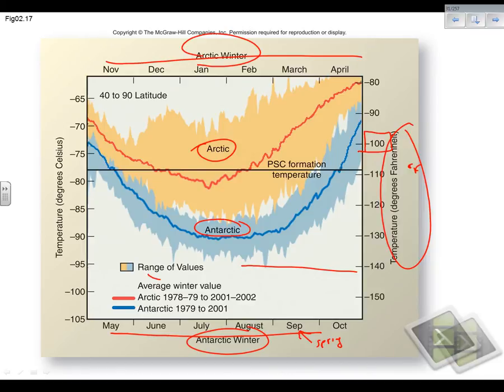Okay, so the reason is that Antarctica has these clouds, and the wind circulates to form a vortex, and this vortex prevents any warm air from entering the region. And inside this vortex, clouds form.